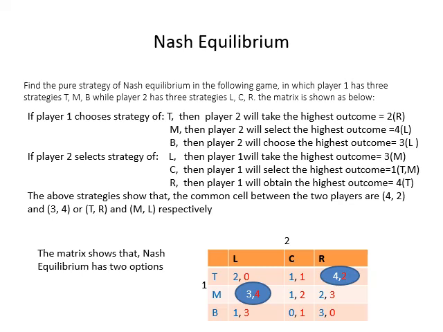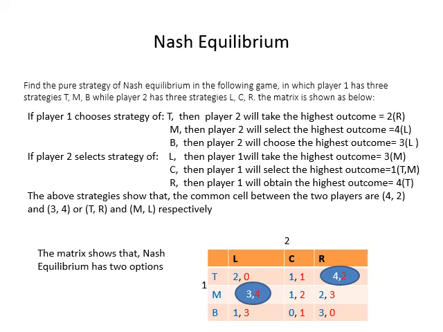Now the focus is on row T. If player 1 chooses the T strategy, let us see the reaction of player 2.